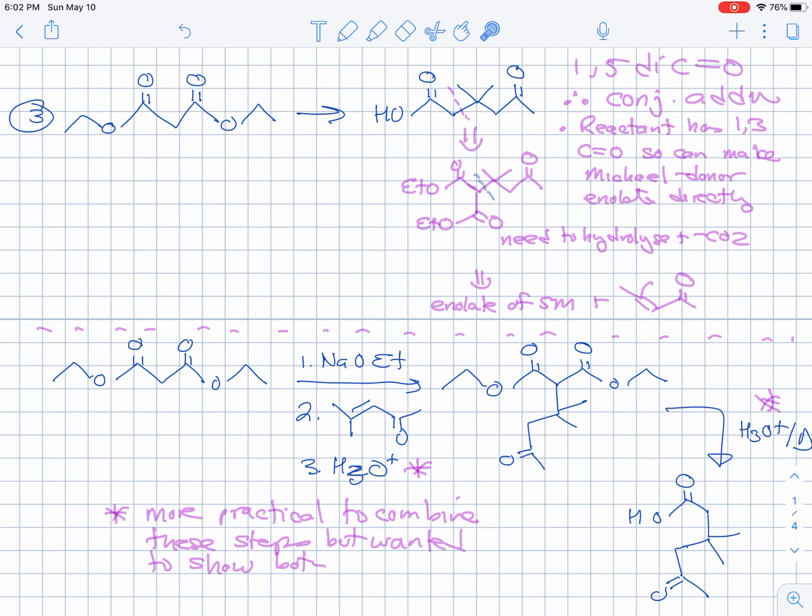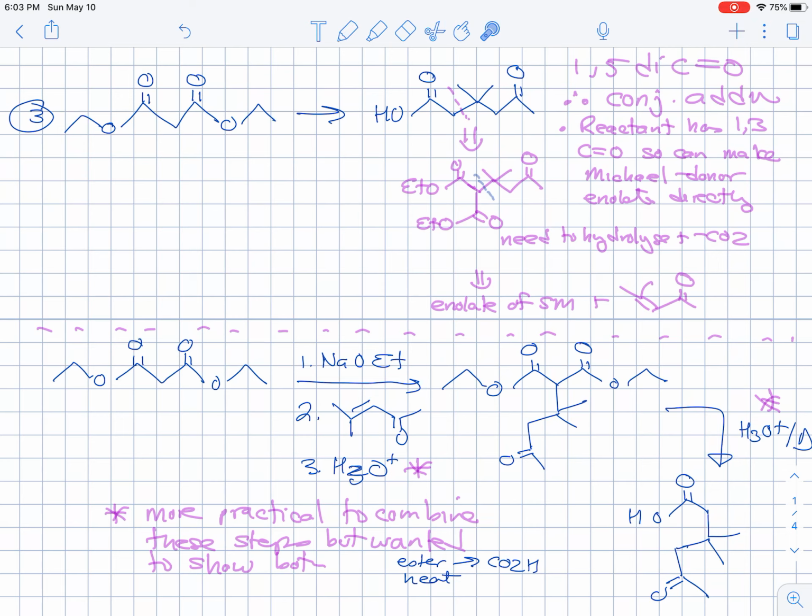And then if you add H3O+ and heat, you'll hydrolyze, that's really not the right word, but you'll convert the esters to the carboxylic acids, and then it will decarboxylate. So again, this step will convert the ester to the carboxylic acid and then heat.